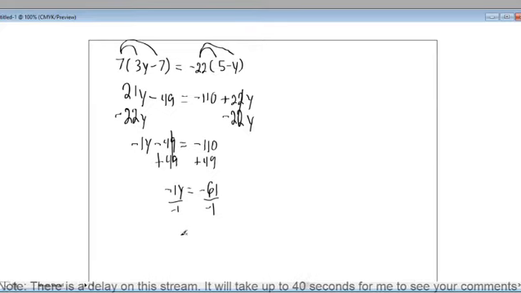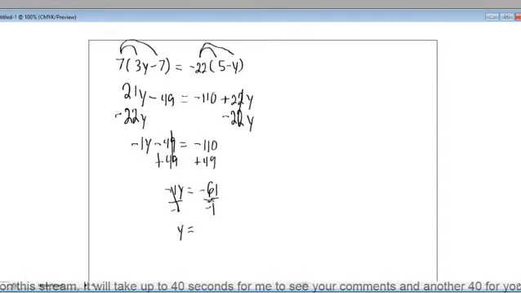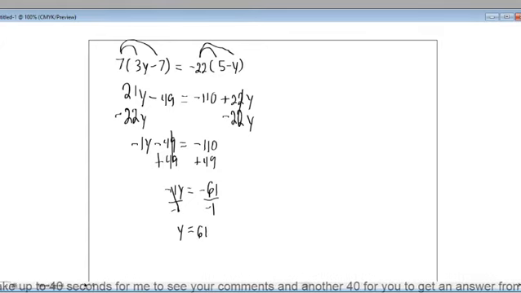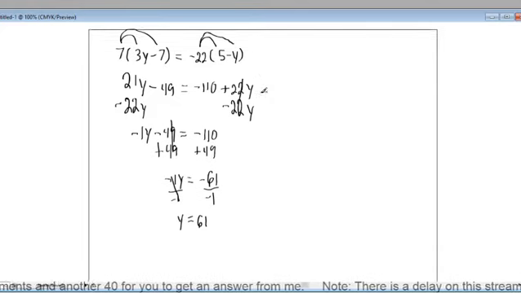So y is going to be by itself since those two cancel. And then negative 61 divided by negative 1 gives us just positive 61. So there's our answer. Okay, so like I said, again, just normal little linear equation. Nothing too crazy going on. So let's move on.